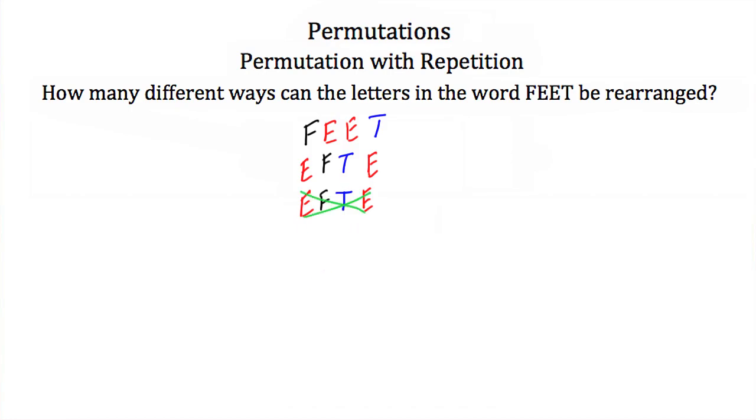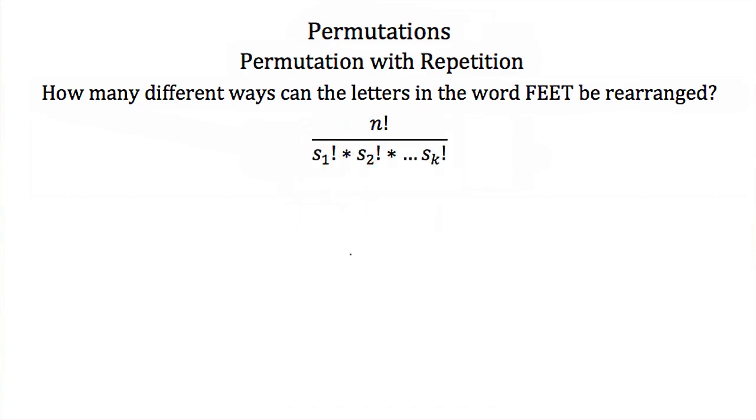Well, there's a formula for figuring this out as well. And that formula looks like n factorial over s1 factorial times s2 factorial times, and so on, up to sk factorial. And what this means is that if we're trying to figure out how many different ways the letters in the word feet can be arranged, well, we're going to use every one of these letters.